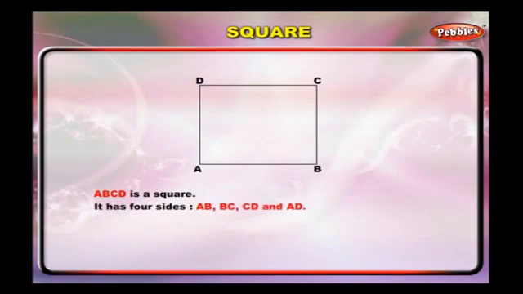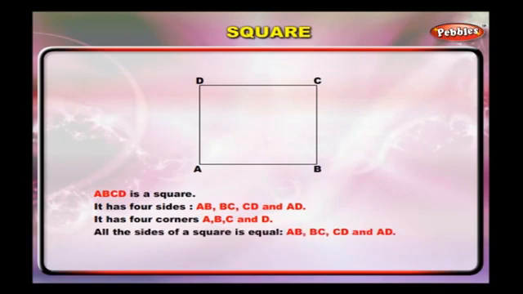It has 4 sides: AB, BC, CD, and AD. It has 4 corners: A, B, C, and D. All the sides of a square are equal: AB, BC, CD, and AD. Rectangle.